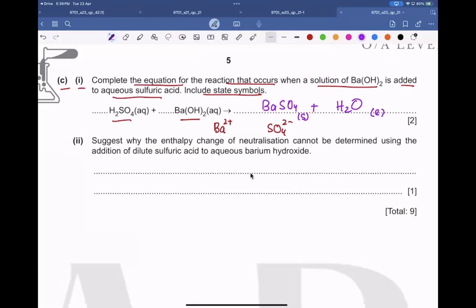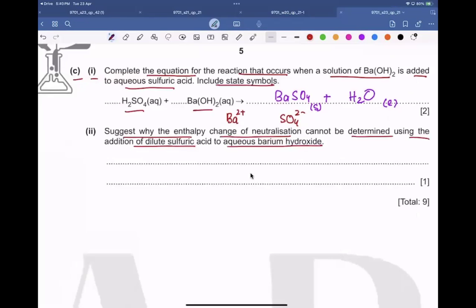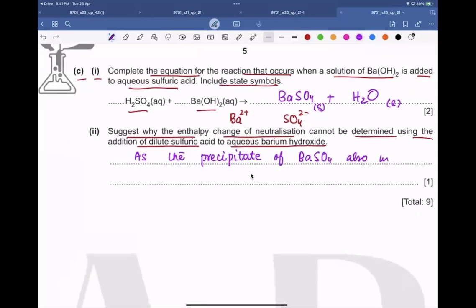So we can write that the precipitate of barium sulfate also involves some energy change as a solid is formed. Is this clear to all of you?